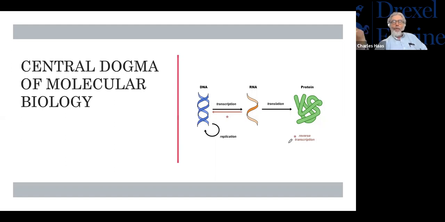You can think of DNA as a master copy of the information. It gets transcribed into RNA, ribonucleic acid. And the ribonucleic acid, specifically the messenger RNA, mRNA, is used as a template to translate the genetic information into the formation of proteins.